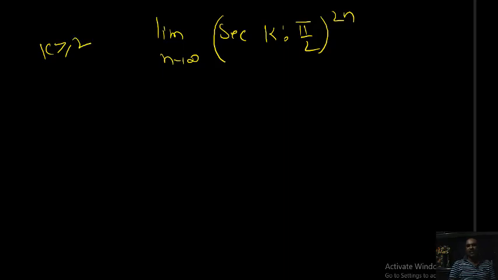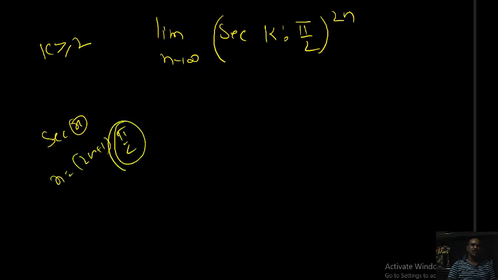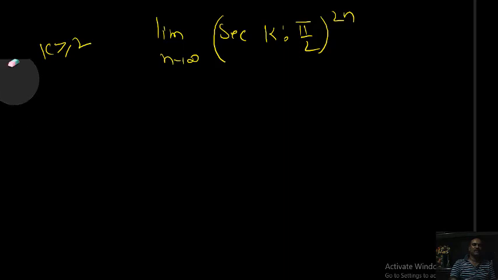If k is odd, k factorial is an odd multiple of pi by 2, then automatically this won't be defined. Secant x is not defined if x is in the form of 2n plus 1 into pi by 2. Already here pi by 2 means k factorial should not be in the form of an odd number.